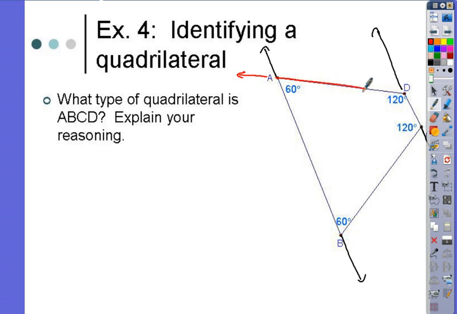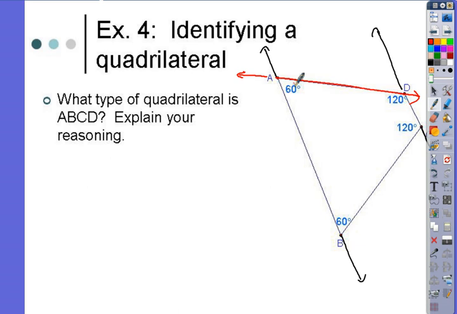Consecutive. Okay, good. If consecutive interior angles are supplementary, then the lines are parallel. Well, they are. Look, 60 and 120 is 180, isn't it? So we know that these two lines are parallel, right?